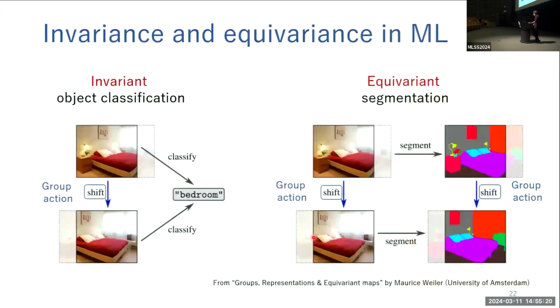The notions of invariance and equivariance are very important in machine learning. For example, in object classification, if this is a bedroom, it should be classified as a bedroom. In this case, any translation or rotation should give the same class label. This is saying that the classifier should be invariant to the group action of shift.